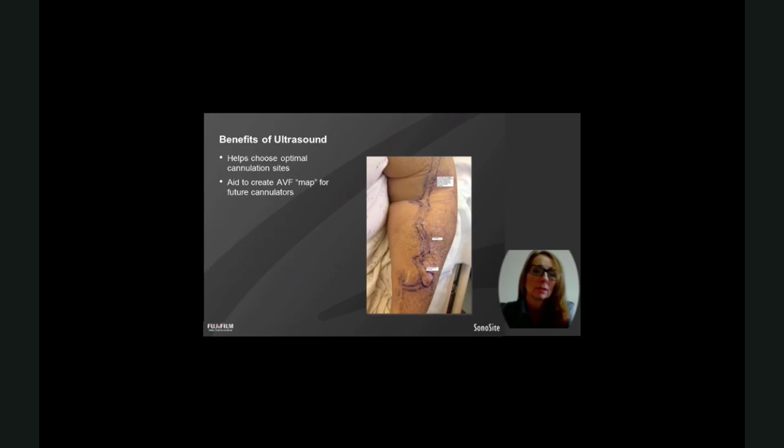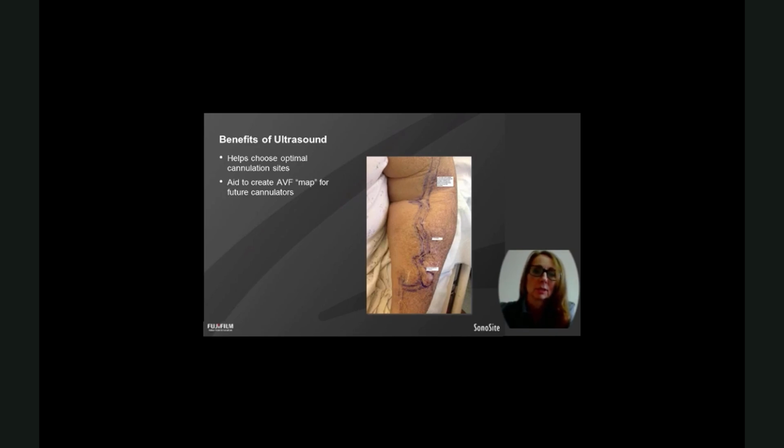It helps us to choose optimal cannulation sites. We certainly do our best to choose the cannulation sites without ultrasound, but we're missing the ability to decide the depth. We can guess that it may be a bit deeper because we can't palpate it or because we can't hear it very well, but how deep it is, we're not sure.